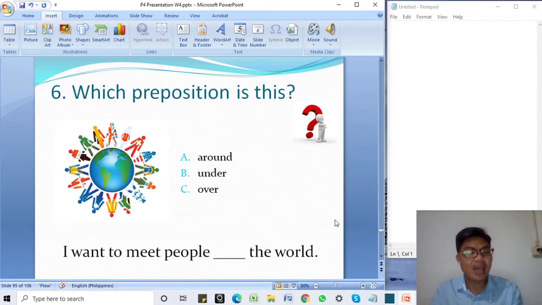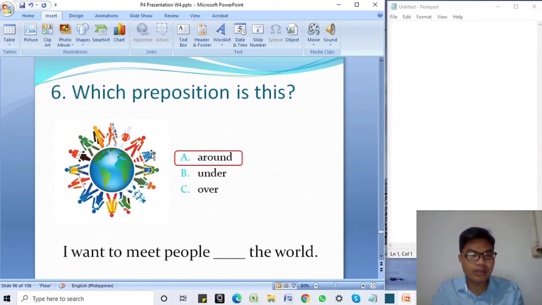Or is it C? I want to meet people over the world. The correct answer is letter A, around. I want to meet people around the world. Did you get it correctly?